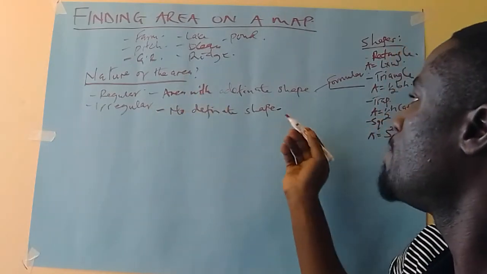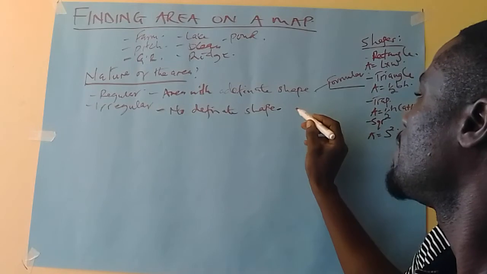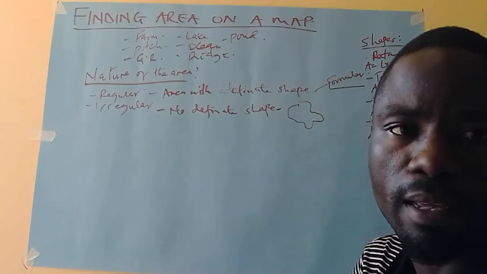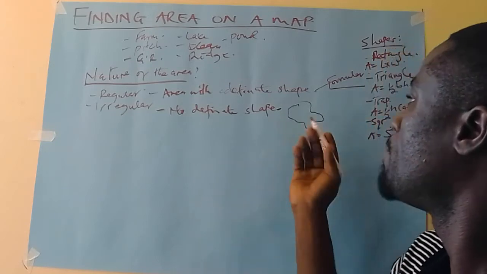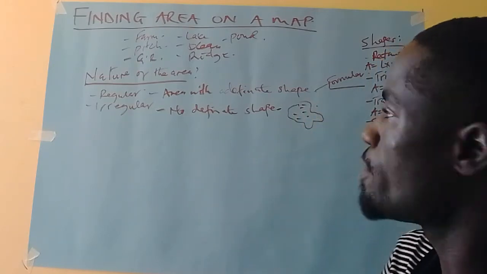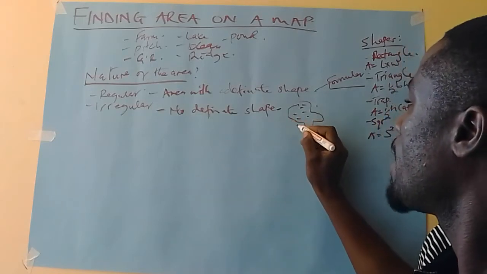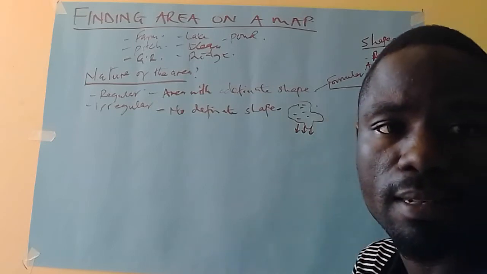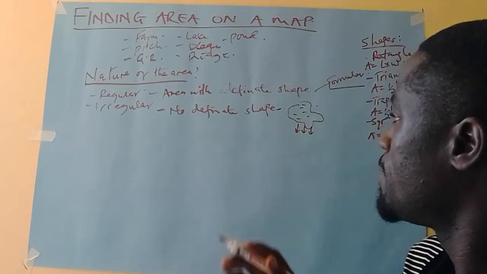For example, it can be a lake. You may find that a lake can be irregular. It can be a pond, and we find that the pond is irregular. It can be a seasonal swamp, and it is irregular. So here we shall look at what we can do about this in the next series.